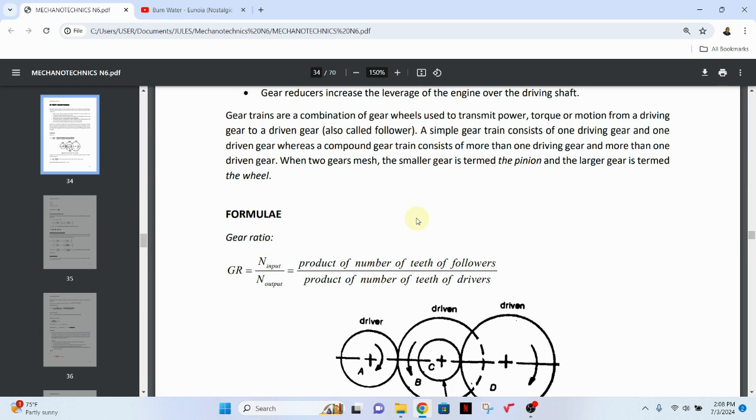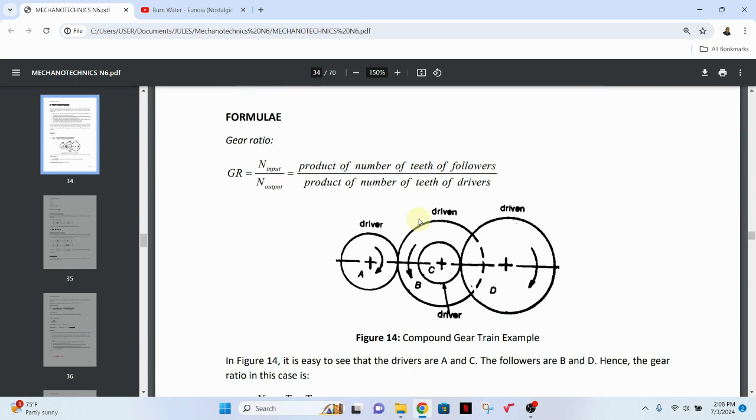Now, having said that, okay, let us look at the formulas that you need in this particular module. Okay, so we will begin with the gear ratio. Okay, the gear ratio is equal to the input speed divided by the output speed.